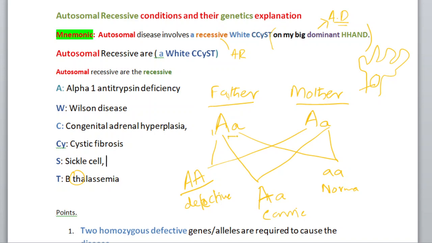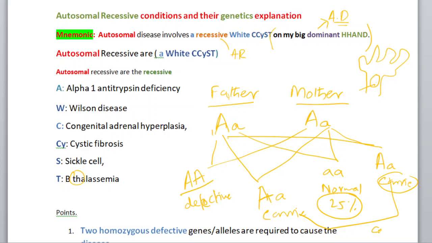And when capital A and the last a combine together, they will form Aa, which is again a carrier state. Now you can see here that only 25% are normal, 50% are carriers, and 25% are defective.